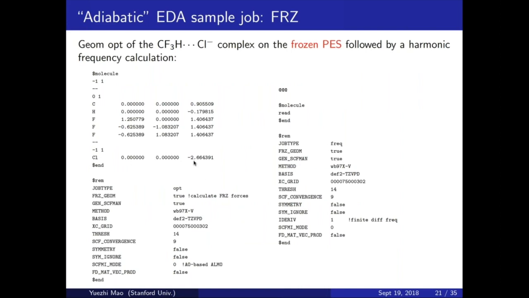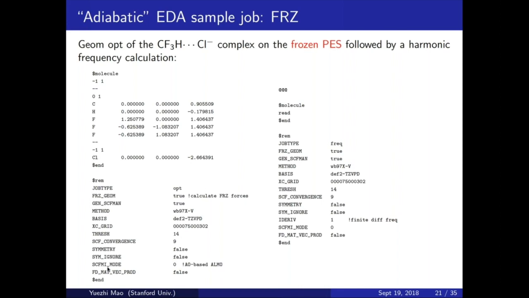So here is a sample input of the adiabatic EDA, and this is geometry optimization of this fluoroform chloride complex on the frozen surface, followed by a harmonic frequency calculation. So for the geometry optimization, we need to set FROZEN_GEOM to true to enable the calculation of the forces on the frozen surface.